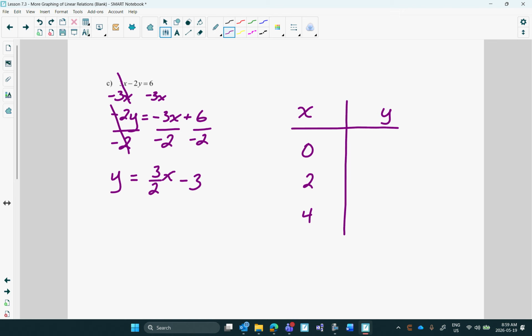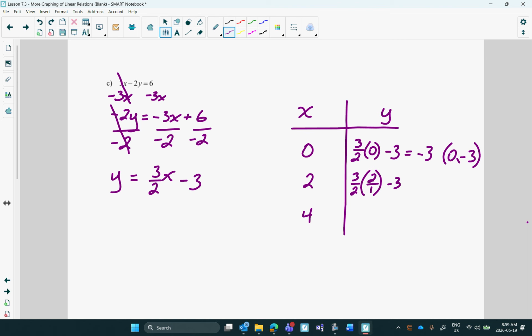Okay, so 3 over 2 times 0, minus 3, is negative 3. So I get 0, negative 3. Next, 3 over 2 times 2, or 2 over 1, minus 3. What does this work out to? 6 over 2, which is 3.